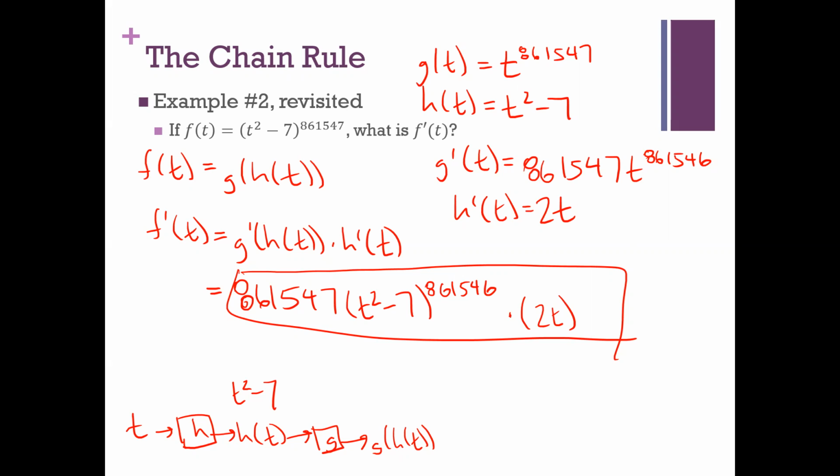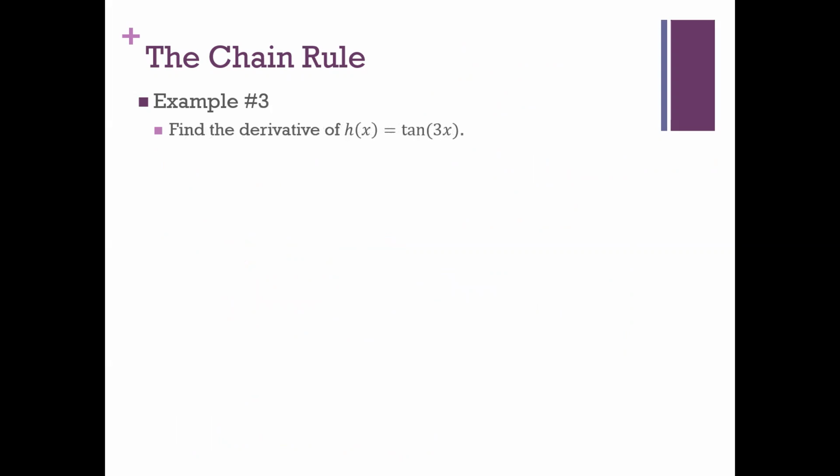All right, let's look at some more. Find the derivative of h of x equals tangent of 3x. So, can I think of this thing as the composition of two different functions?